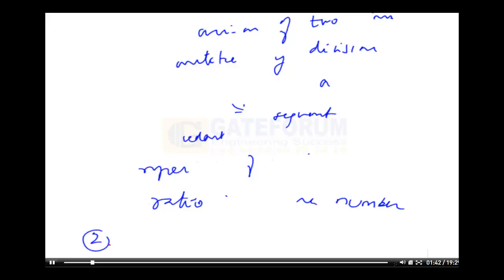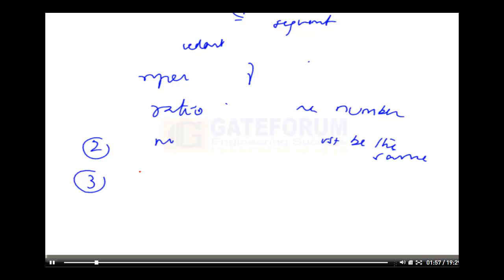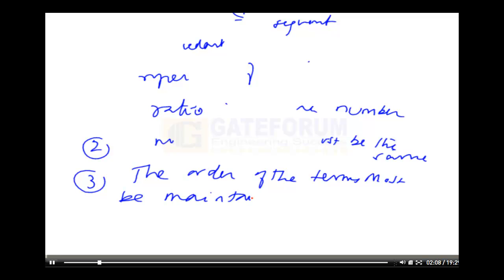By which we mean, it does not have any units, because units of the terms must be the same. Next, number three, the order of the terms must be maintained. The meaning is, generally A is to B is not equal to B is to A.